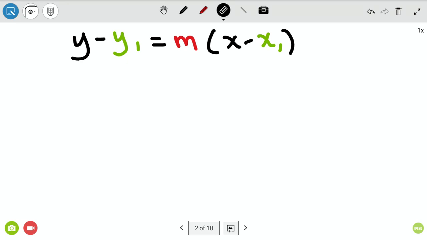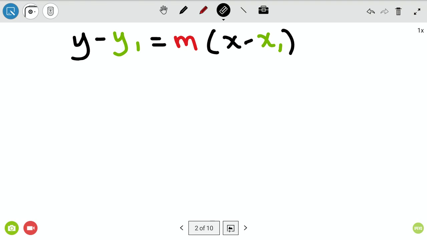So if you're given information about a line and you're given a point and you're given a slope, rather than having to find your b and then write it in slope-intercept form and then go to standard form or whatever, if you're given a point and a slope, you can just write it directly into this equation and start from there.